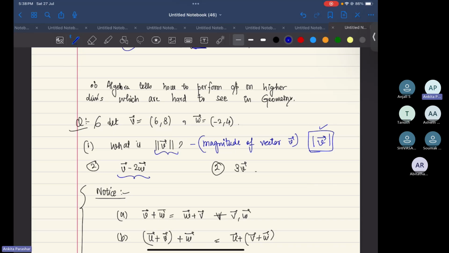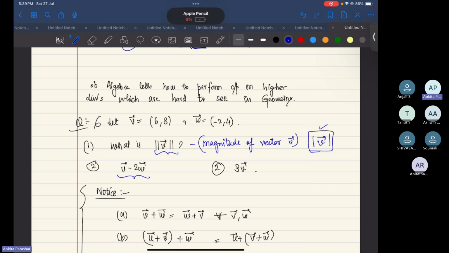I think yes, 10, 0 is the correct answer. All of you are getting the same answer? By the way, how did you do it? Did you perform algebraic operations or did you see it geometrically? Just algebraic, right. So this is the easiest way.